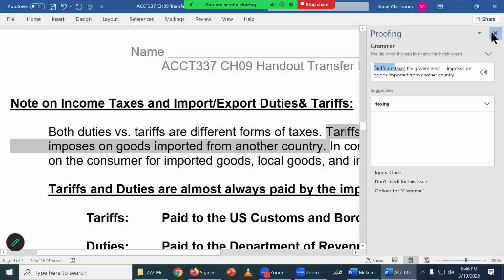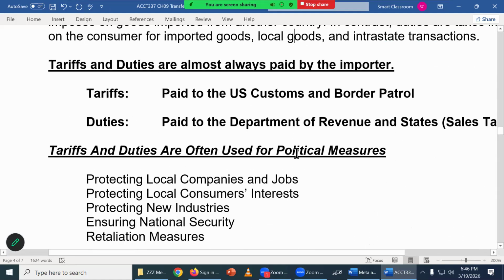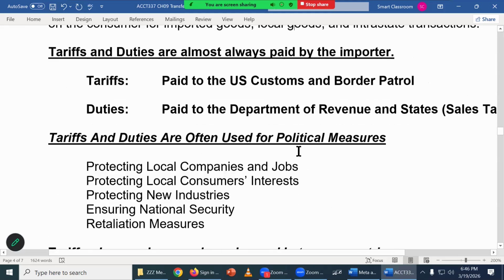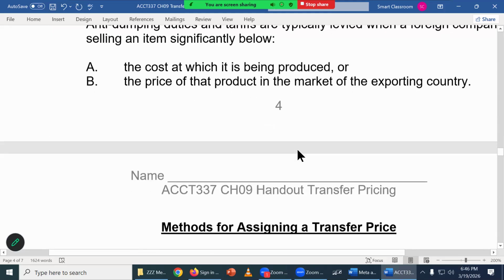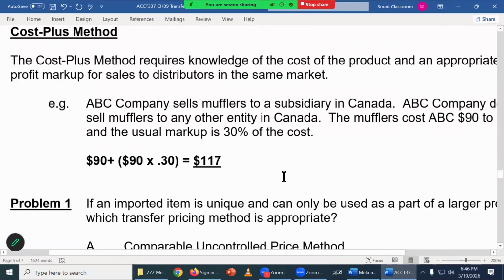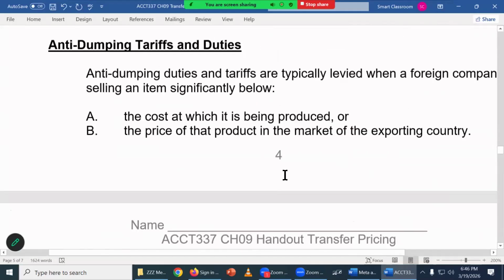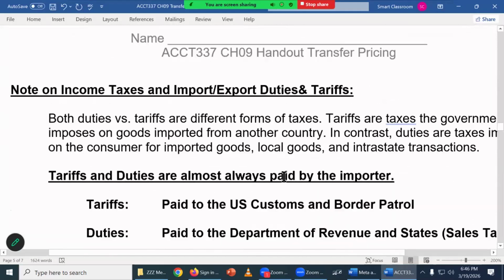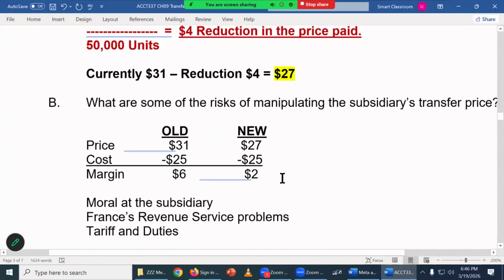What things tariffs are to taxing? Tariffs are taxing the government. We'll forget about that now. Oh, wait a minute. There we are. I'm back.